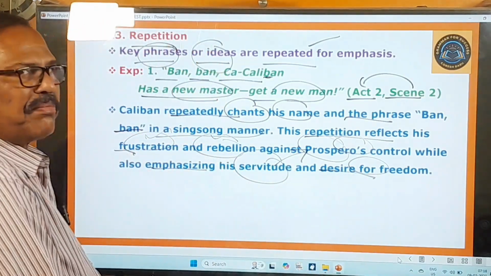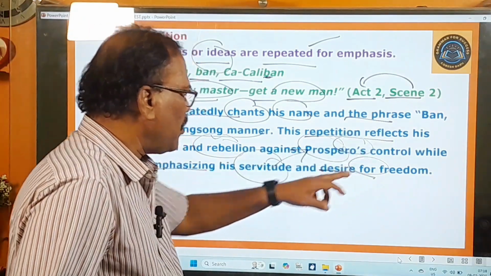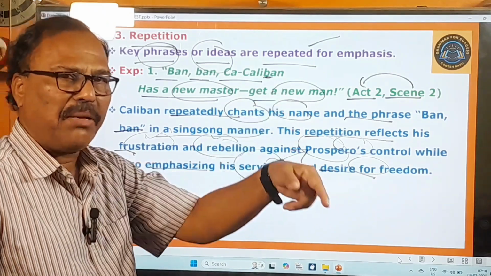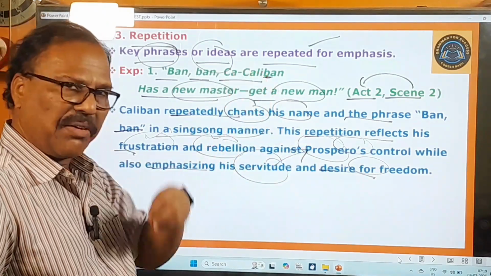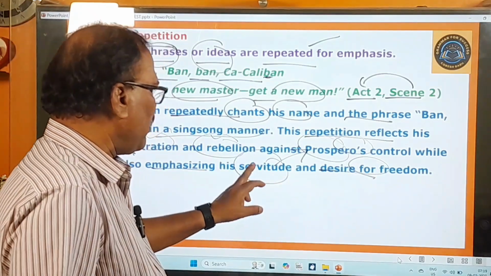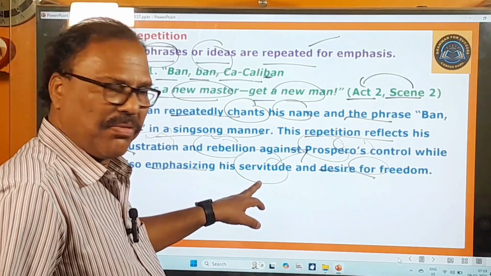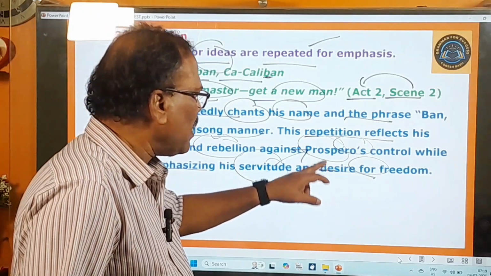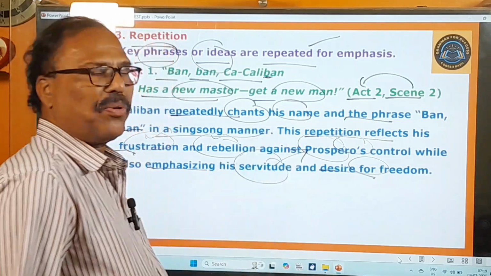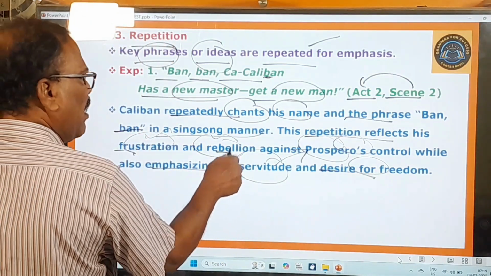He wants freedom. So this Caliban does not like this Prospero's control and Prospero's servitude, because this Prospero kept this Caliban for his service, okay, as a slave, and he likes very much the freedom from the clutches of this Prospero, and that's why he expresses his frustration, he expresses his rebellion against Prospero.